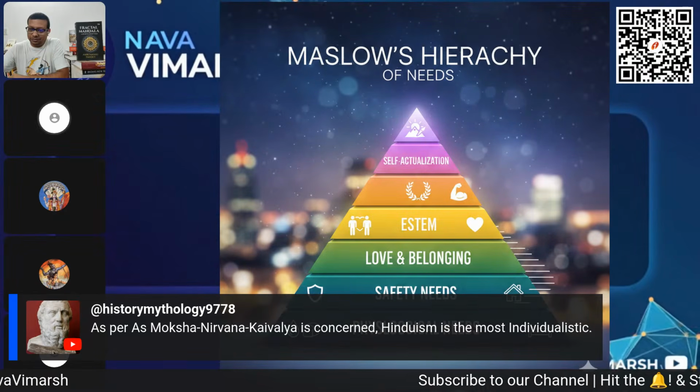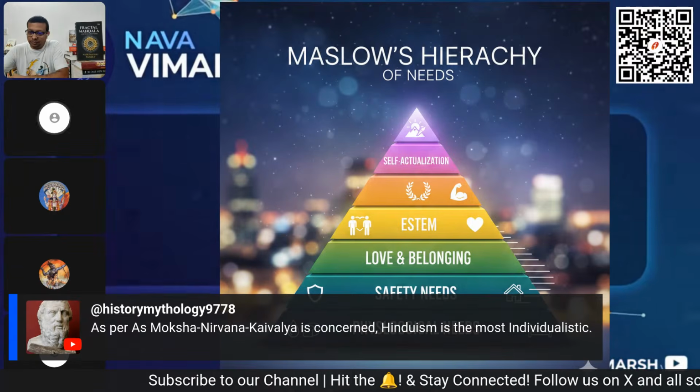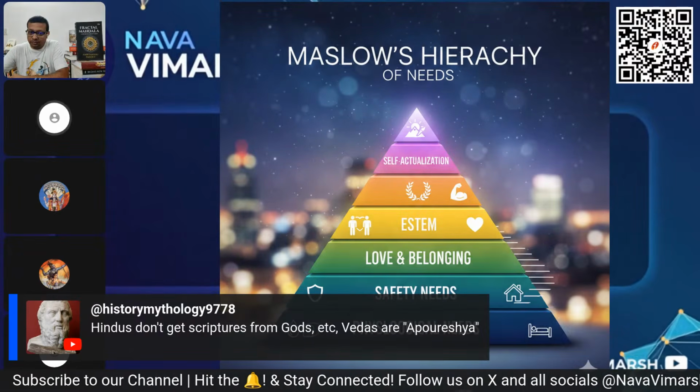यहाँ पे और एक क्वेश्चन आया था विच इज दैट Hindus don't get scriptures from gods, etc. Vedas are अपौरुषीय.